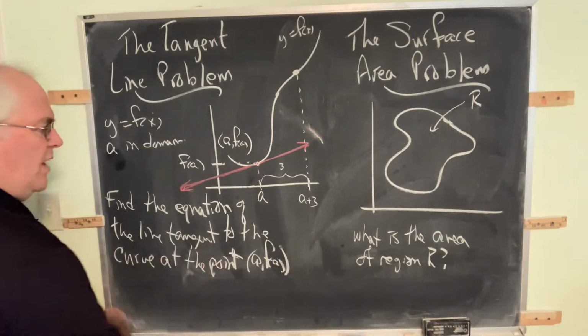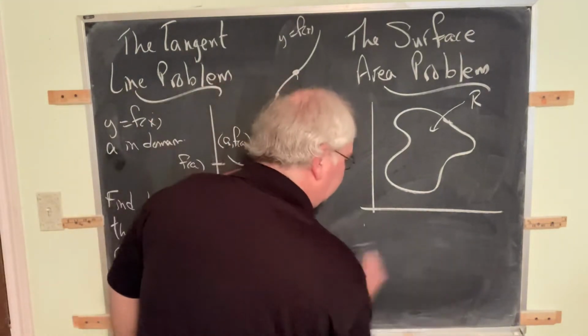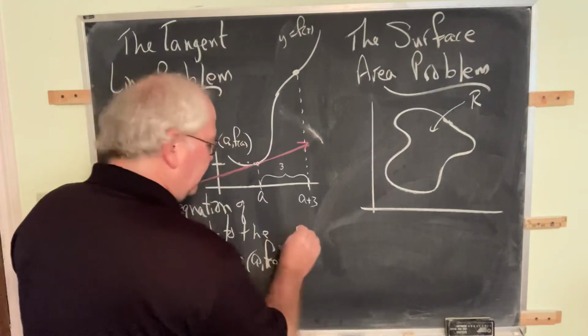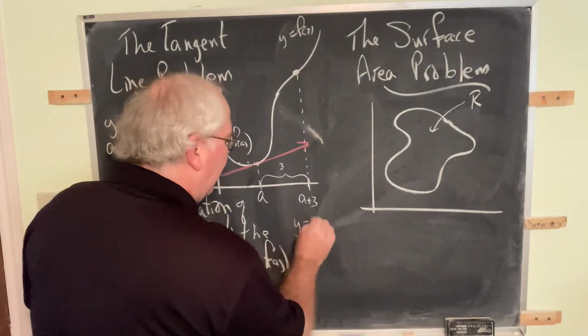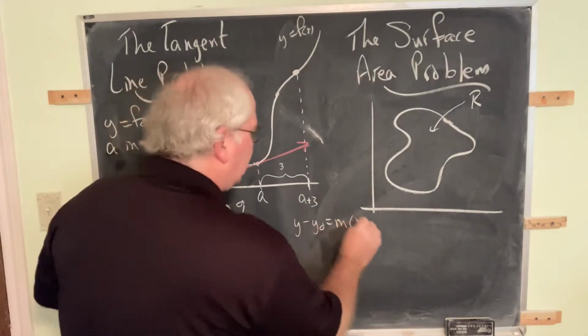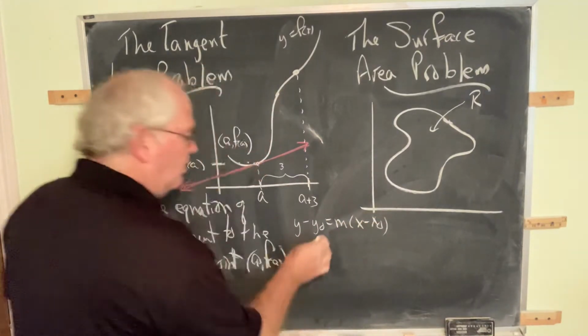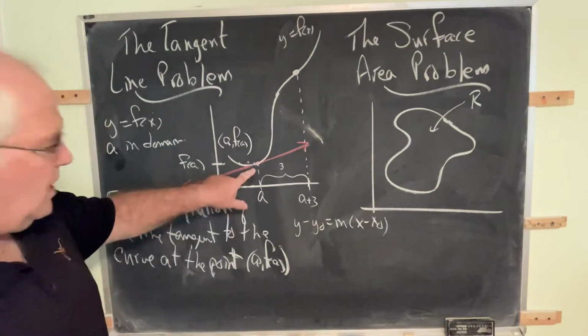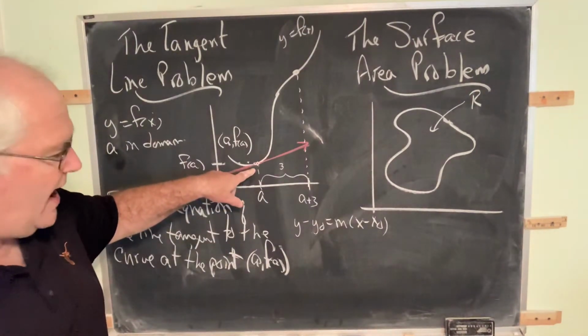In order to find the equation of a line, what we need is the slope. We need y minus y0 equal to slope times x minus x0, where y0 and x0 are the coordinates of a point that lies on the line. Well, there we are. We're looking right at it. That's wonderful. So we got that.